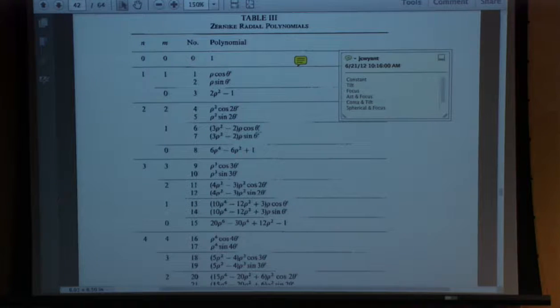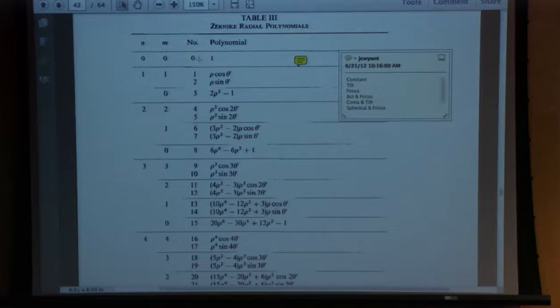So these two are coma and tilt. And then we come to, of course, my favorite one here, the 6 rho to the 4th minus 6 rho squared plus 1. And so that's what, spherical aberration. And then we're subtracting from that some focus. And then we're adding a constant term to it.